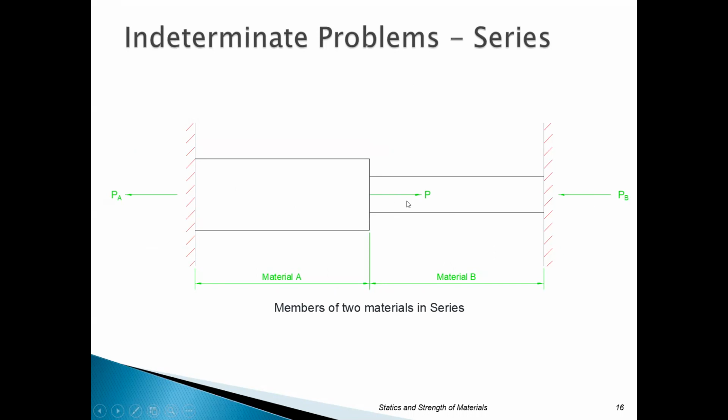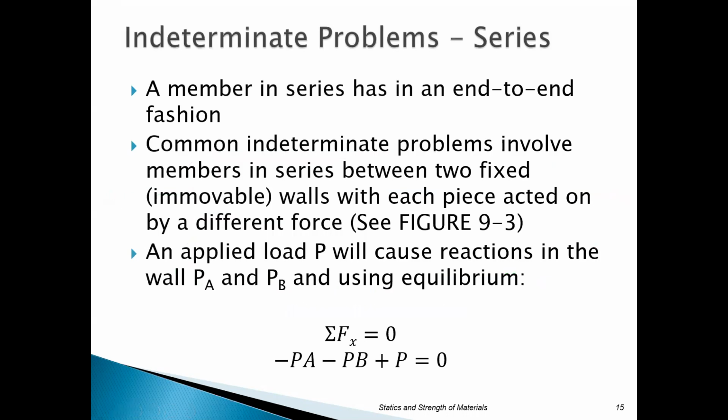So this load is pushing this way or pulling that way. So this will react back this way. And since this is pulling on material A, it's going to react this way. So if we go back to that equation, notice I have minus PA minus PB plus P has to equal 0.